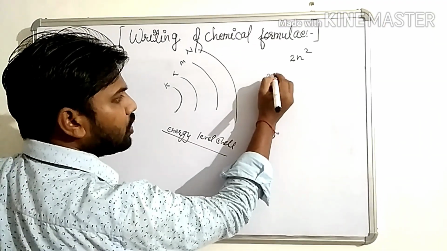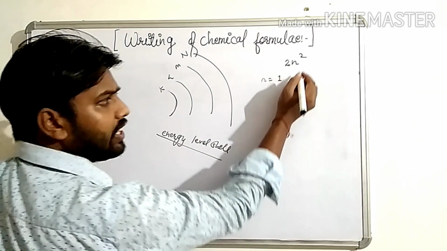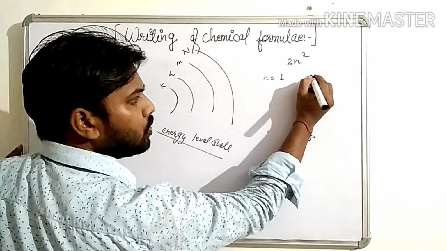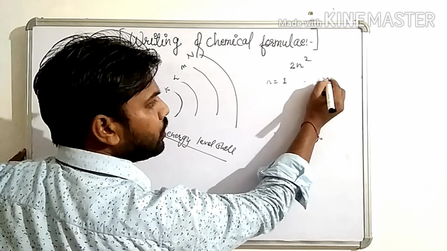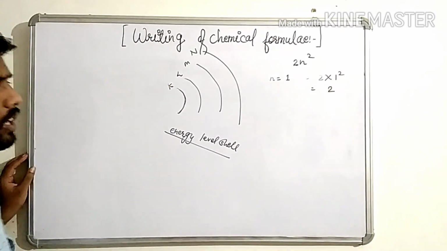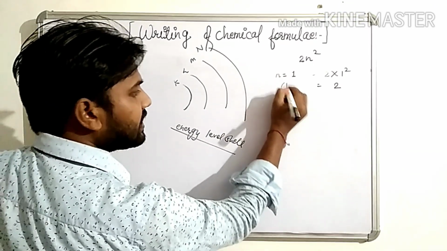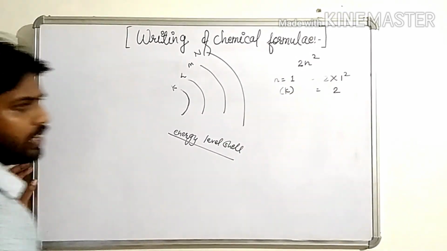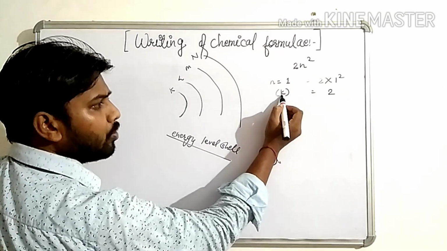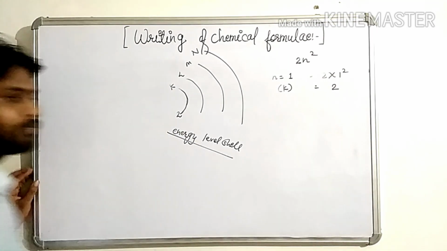If n is equal to 1, we will get the value 2 into 1 square, it means 2. So n is equal to 1 means K shell. So K will accommodate only 2 electrons in its shell.